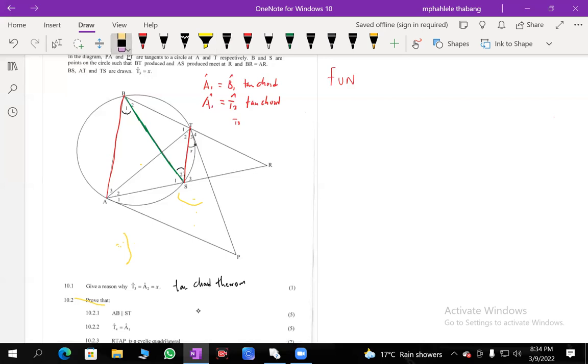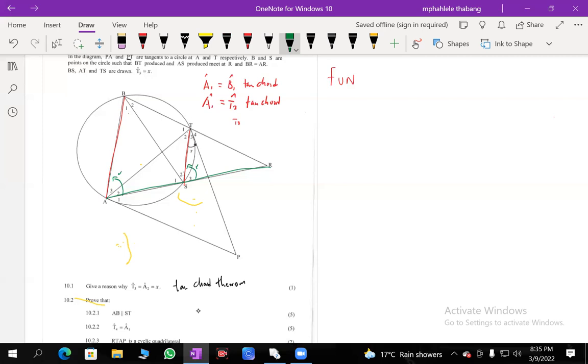Or if I realize that the whole angle A is equal to S3, it means that AB and ST are parallel.